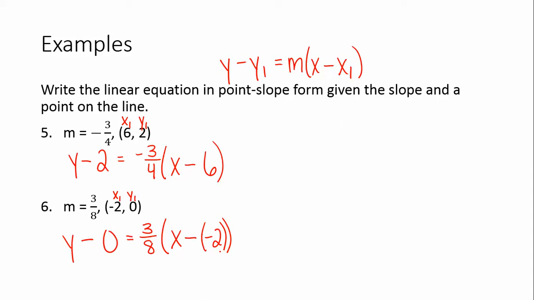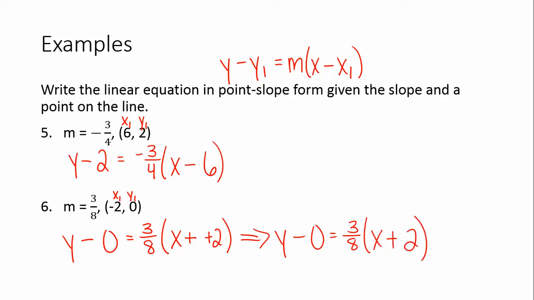I put it in parentheses so I could take the parentheses off. That looks funny. We don't write it like that, so we need to change it to adding the opposite. So this becomes y minus 0 equals 3/8 times x plus 2. Now it's making that 2 look positive, but it's because we were subtracting a -2. So really watch your signs there when we're working with point-slope form.